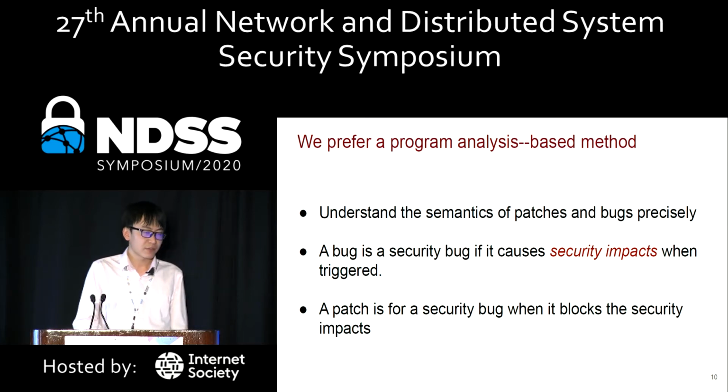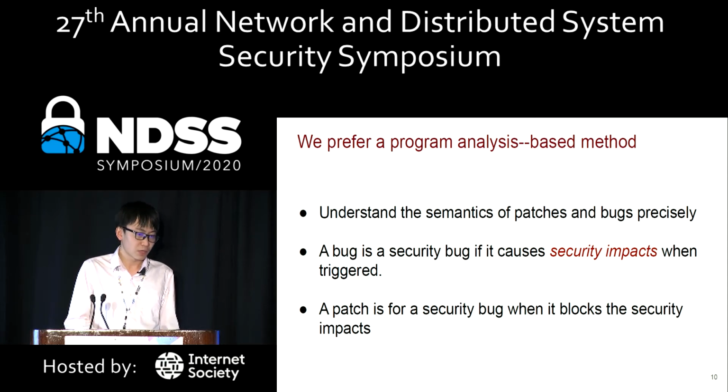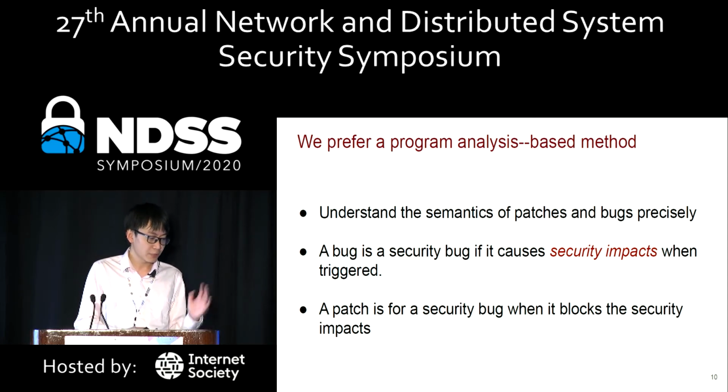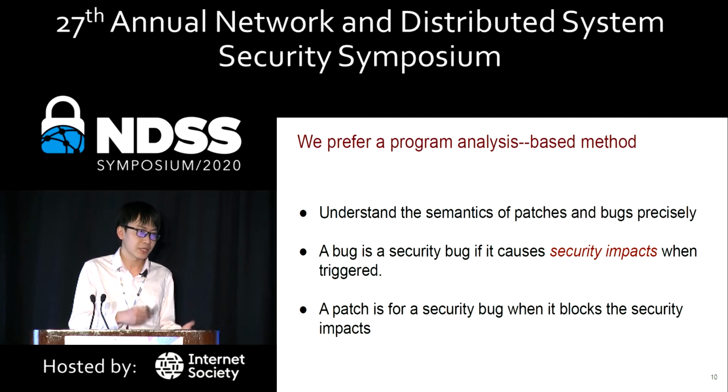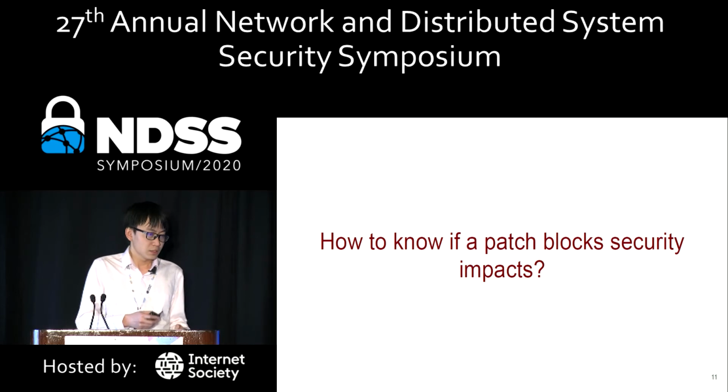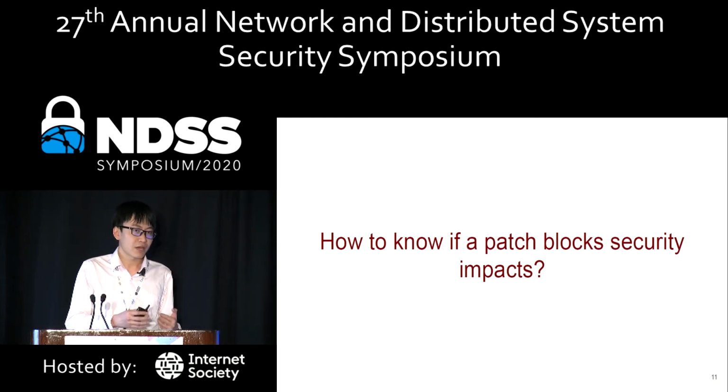We first define that a bug is a security bug if it causes a security impact when triggered. Correspondingly, a patch is for a security bug when it blocks a security impact. So the question of how to identify patches for security bugs can be changed to how to identify a patch that blocks a security impact.